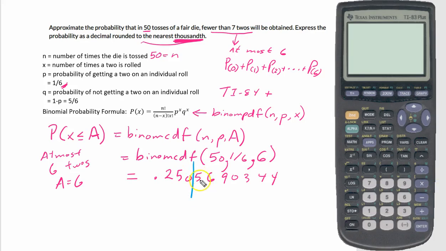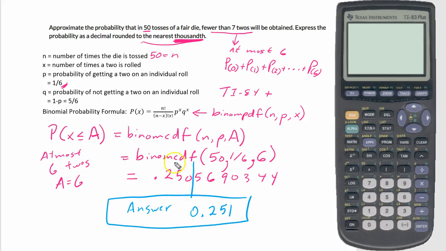That's where I cut it off. But if the next digit is a 5, 6, 7, 8, or 9, it's going to round this one up by 1. So to 3 decimal places, my answer is going to be 0.251.